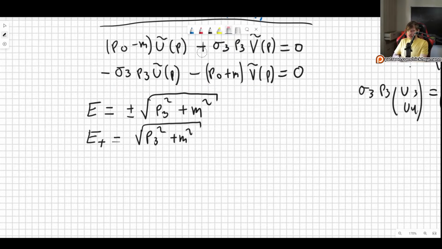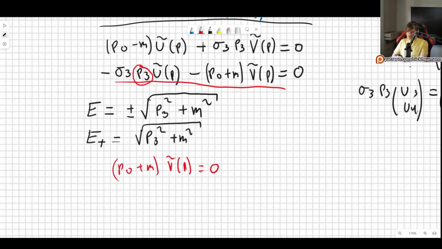Because if we choose this equation, which is what I will do, and we are at momentum equal to 0, then this entire part is 0, which forces p0 plus m times v tilde of p to be equal to 0, right? So if p3 is 0, it forces v tilde to be 0.